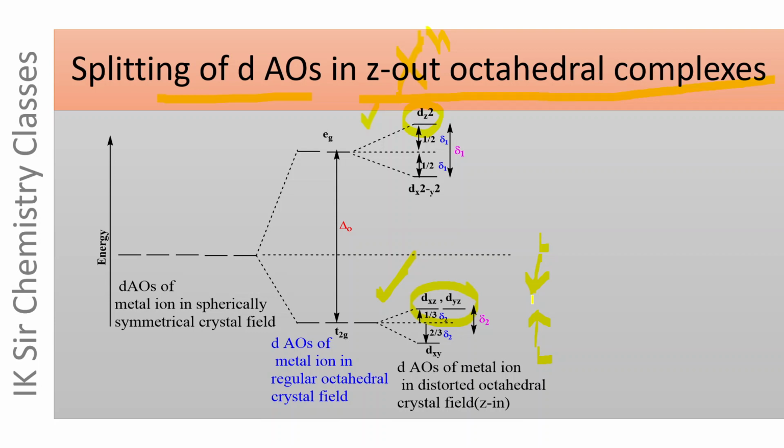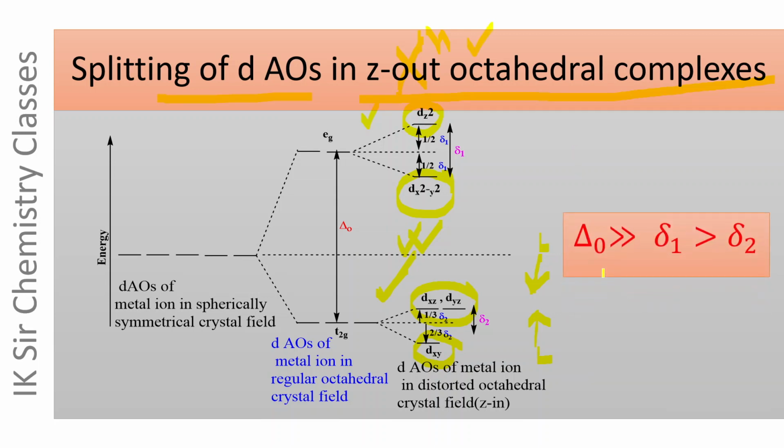This is why the d atomic orbitals having a Z component suffer an increase in energy. On the other hand, the d atomic orbitals having only an X or Y component suffer a decrease in energy.